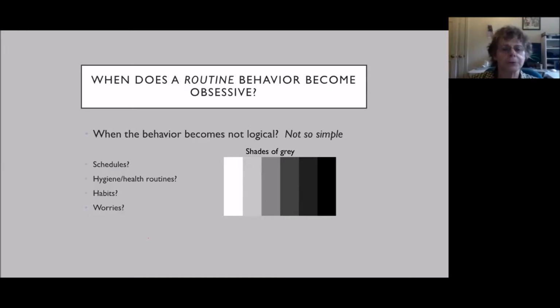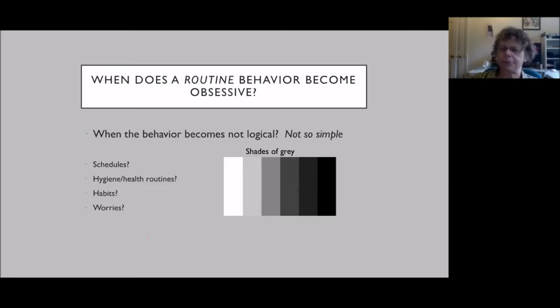Staying on time is important in our busy lives. And hygiene and health routines are very important too. Brushing our teeth, washing our hands, taking our pills. These are routines that are logical, but are repeating things that we do.